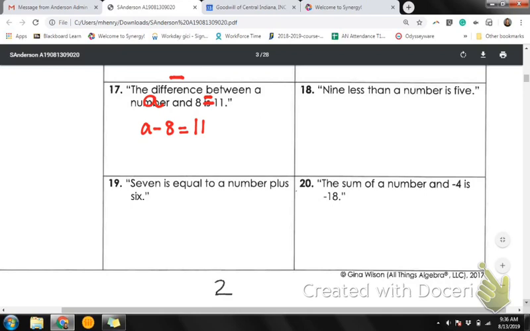Okay, on 18, you probably have one of two answers.